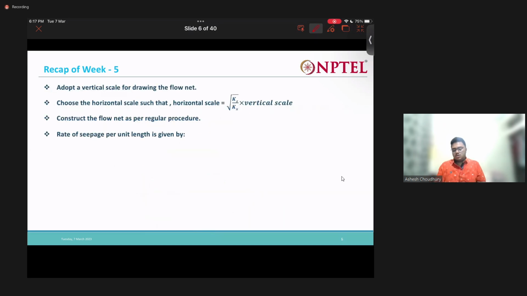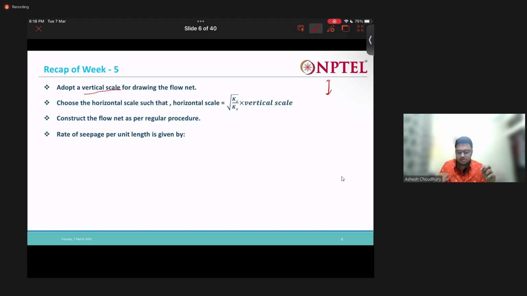So the procedure to draw the flow net for anisotropic soils is that we adopt a vertical scale for drawing the flow net. We fix the vertical scale, say 1 centimeter is equal to 10 meters. Then we choose the horizontal scale equal to root over kz by kx into the vertical scale.